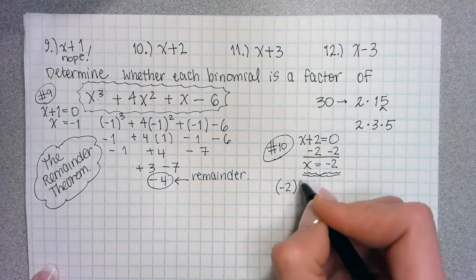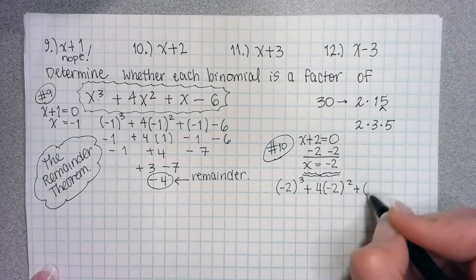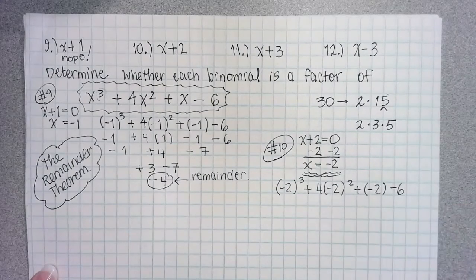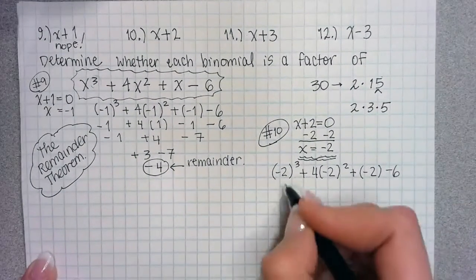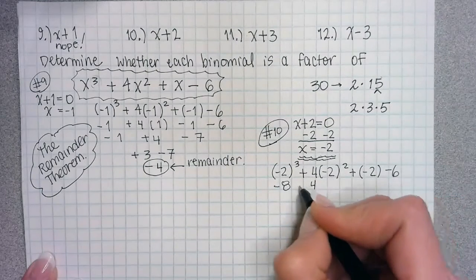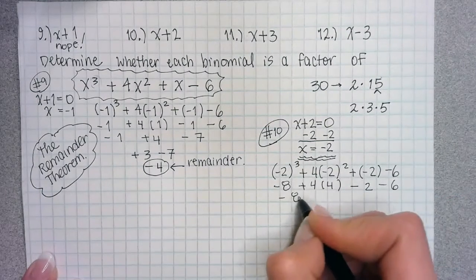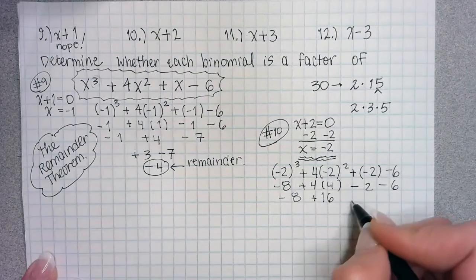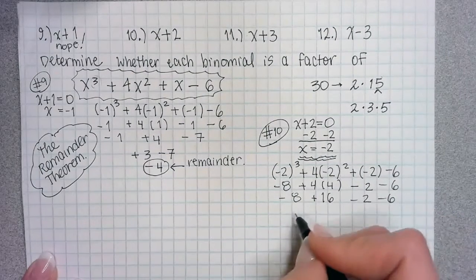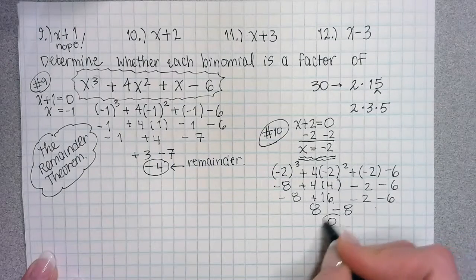So I'll have -2 to the third plus 4 times -2 to the second plus -2 minus 6. Next, -2 to the third is -8. -2 squared is 4, times 4 is 16. -2 minus 6, should have written minus 8, sorry. -8 plus 16 is 8. -2 minus 6 is -8, and I get 0.